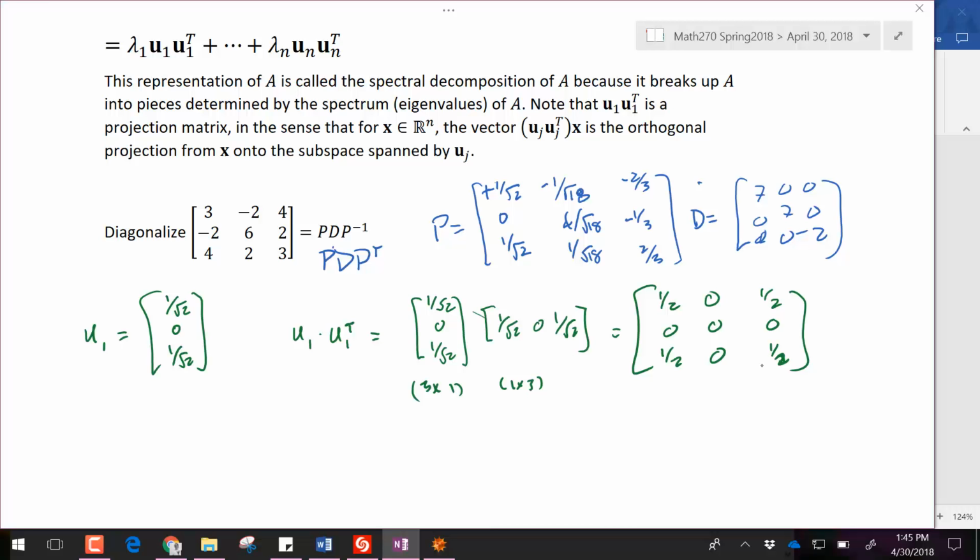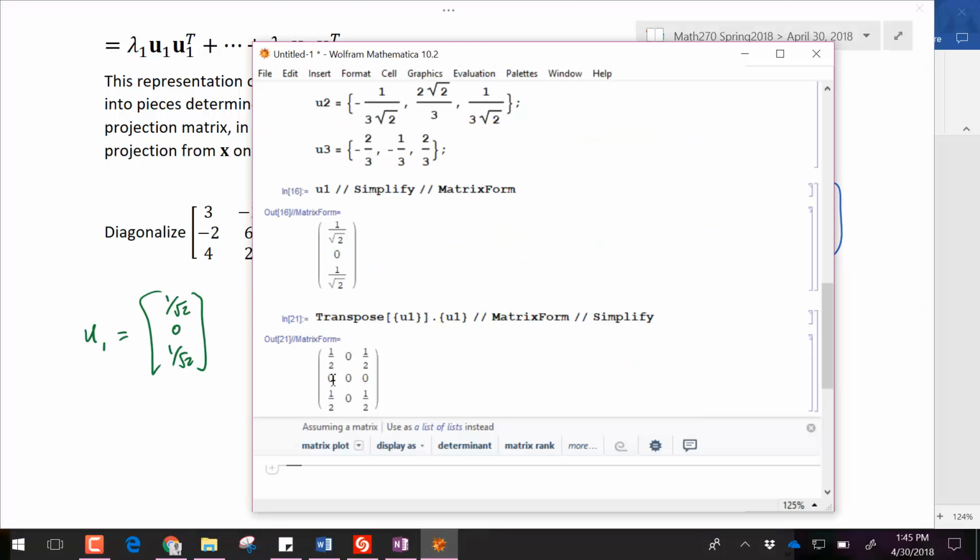Yeah, so we're kind of finding ways to decompose a matrix. We're finding ways to factor a matrix. So here, not only did we factor a matrix, but we're also decomposing it into different parts. So here's one of them. This is U. Actually, that's what we got, right, in Mathematica. 1/2, 0, and a row of zeros, and 1/2, 0, 1/2. So we'll do the same thing for U2 and U3.